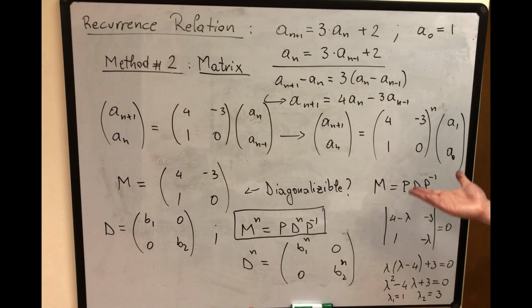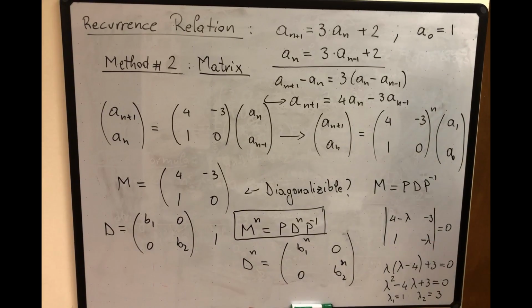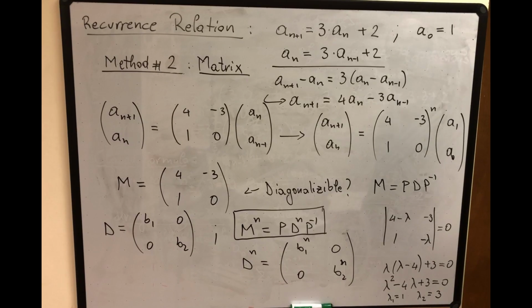In our case, we are dealing with a 2 by 2 matrix. So all that's required is that if you have two different eigenvalues for this matrix, then this matrix is going to be diagonalizable. And we can check right away that there are two different eigenvalues. For this, you can solve the characteristic polynomial of that matrix.